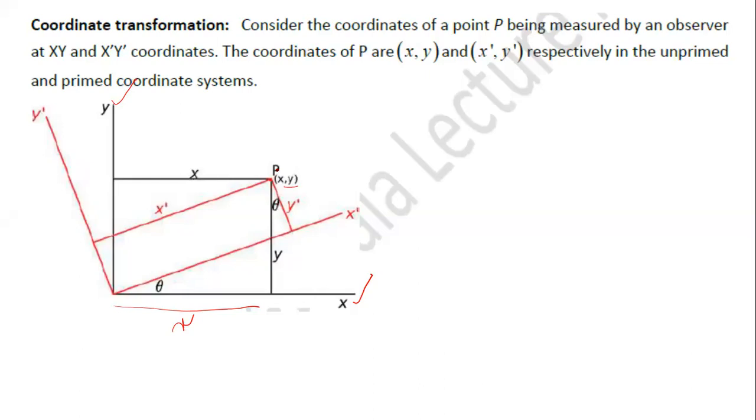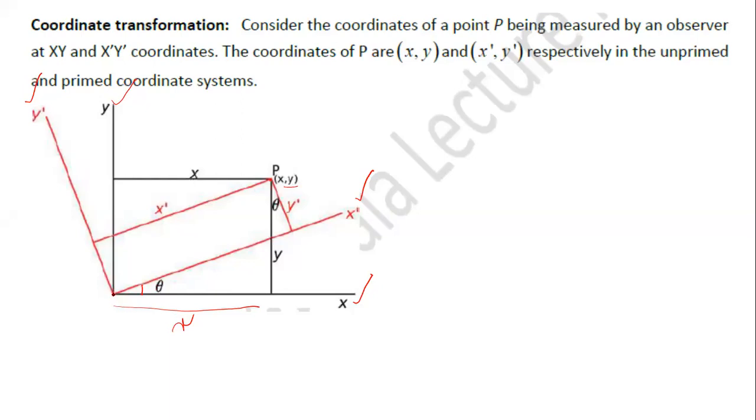Now, in that same space, if I define another coordinate system, denoted here as the x prime, y prime coordinate system, you see that the prime coordinates are slightly rotated by an angle of theta.